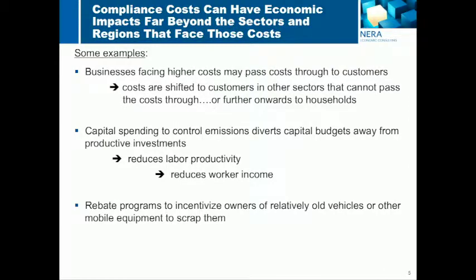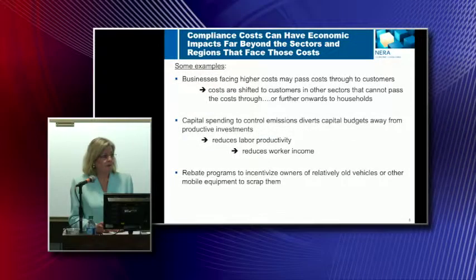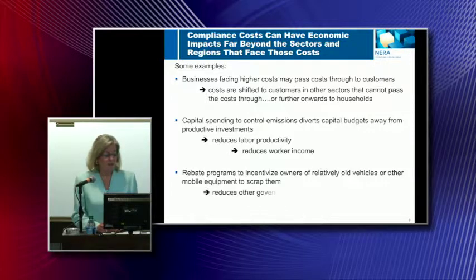And just a third example, and these are by no means exhaustive, the rebate programs, for instance, to incentivize owners of relatively older vehicles to scrap them earlier than they would otherwise do so. And here we mean scrap them rather than sell them to get some other person who will then continue to use them.